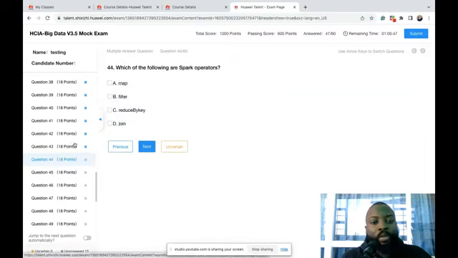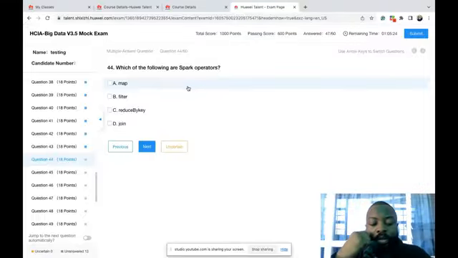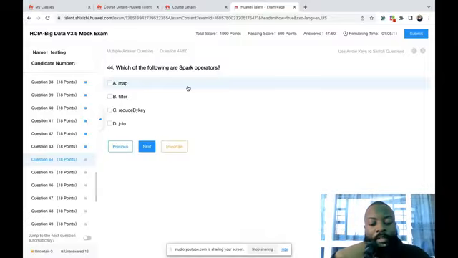Okay. Which of the following are Spark operators? Which Spark operators do we have?